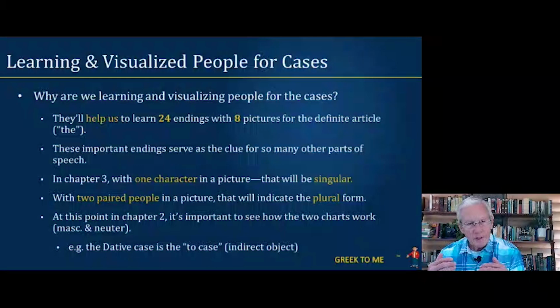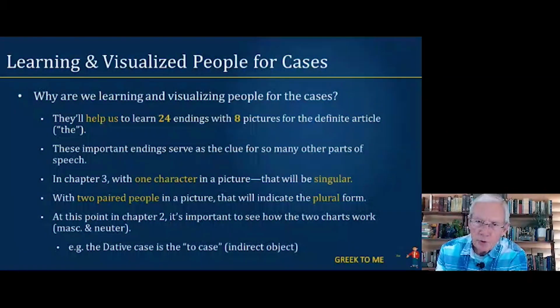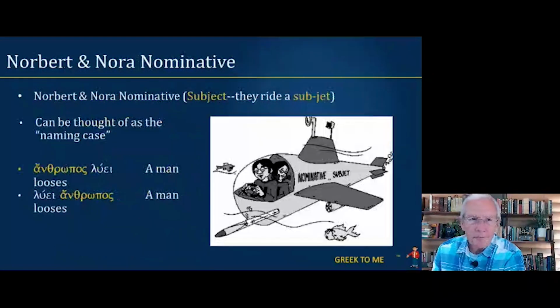These are called the nouns of the second declension or grouping. For example here, the dative case is what's called the to case. That's the indirect object. For example, I hit the ball to Joe. To Joe there is the case of indirect object.